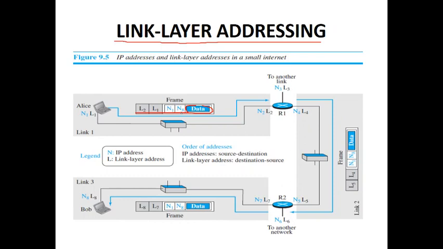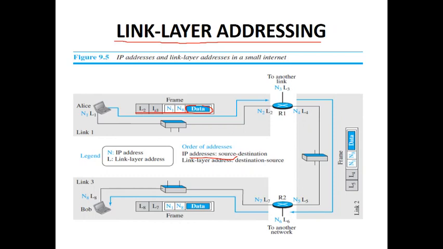Normally the network layer attaches the source address first, and next comes the receiver address. Remember this: the IP address of the source is added first, then the IP address of the destination. So the order of address: whenever we add IP addresses, first the source address, next the destination address.